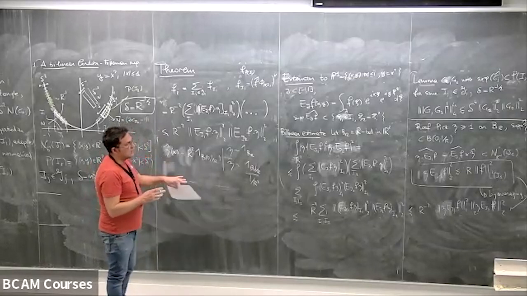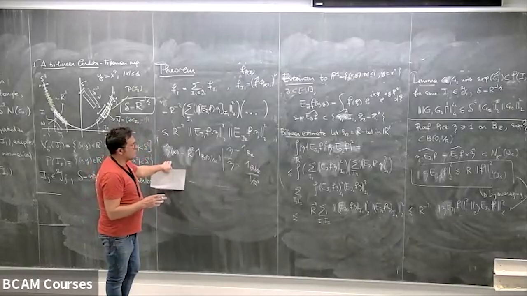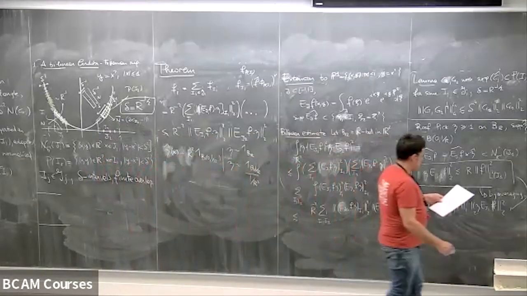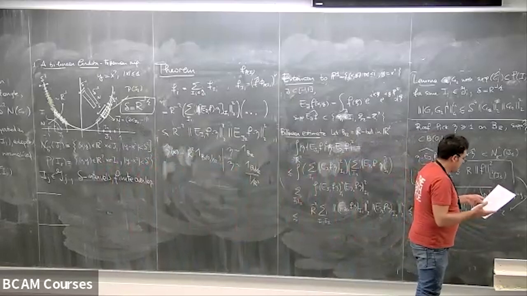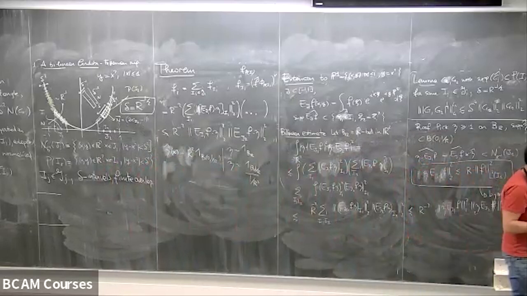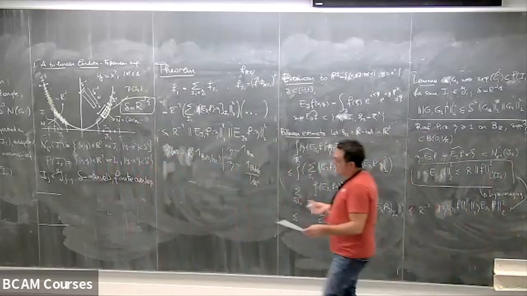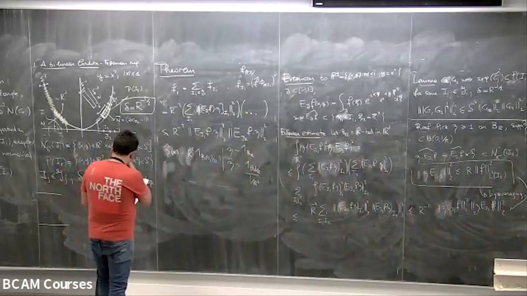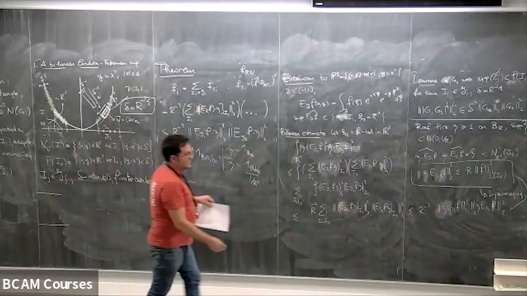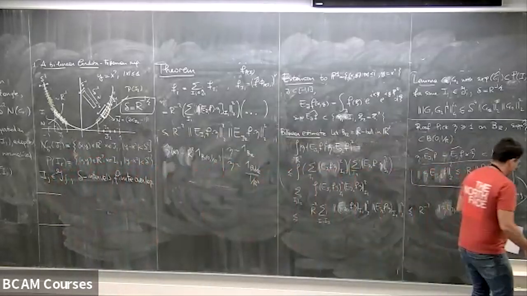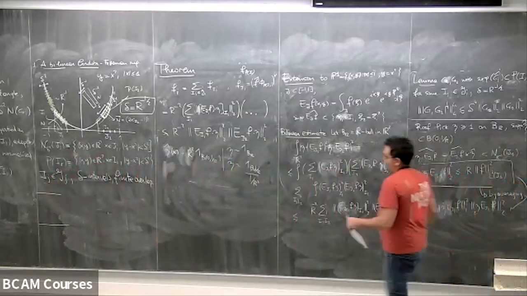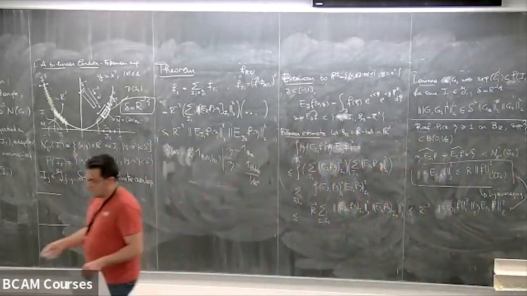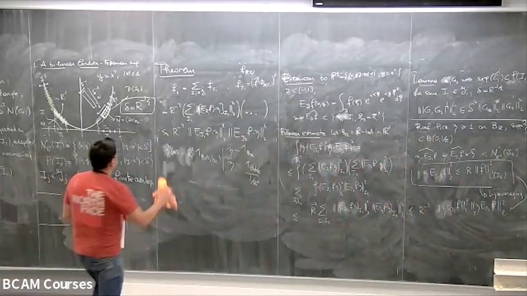Okay, so the L2 norm, no, okay, there is a lie. The lie is this. You have to justify it in a deeper way.